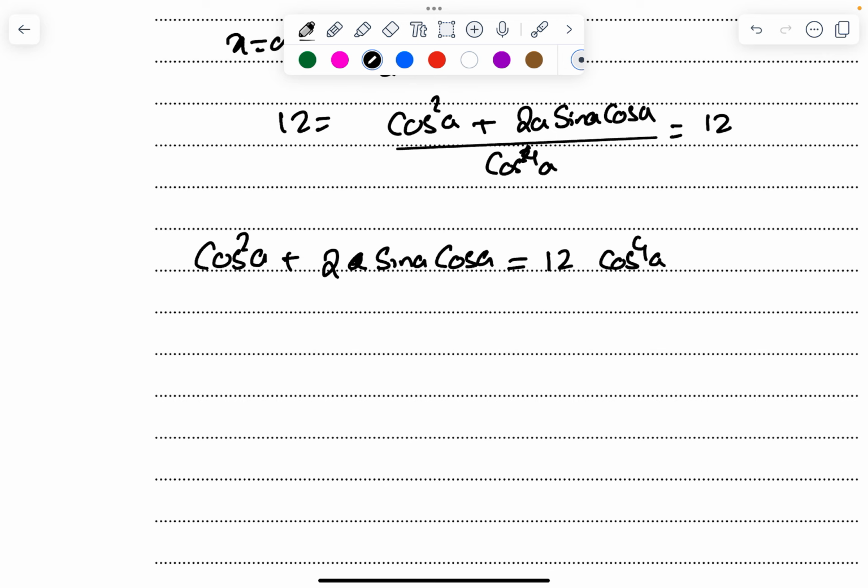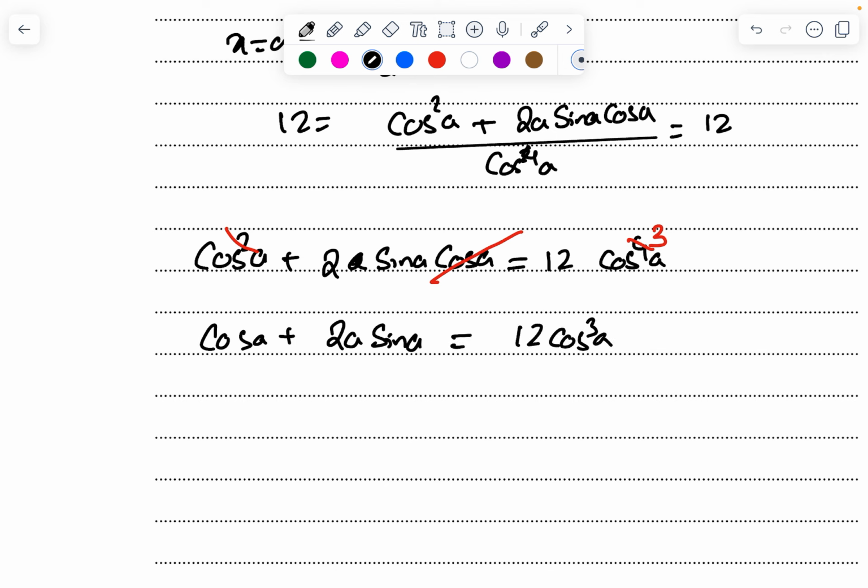So one cos gets cancelled. Then what will I be left with? Cos a plus 2a sin a equals 12 cos cube a. So cos a plus 2a sin a by 12 equals cos cube a.